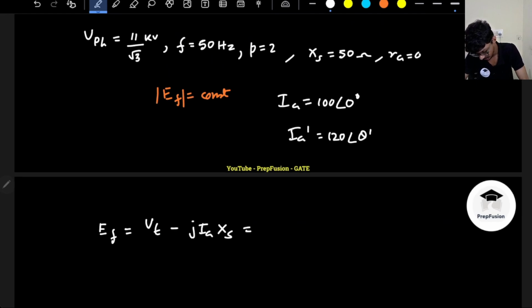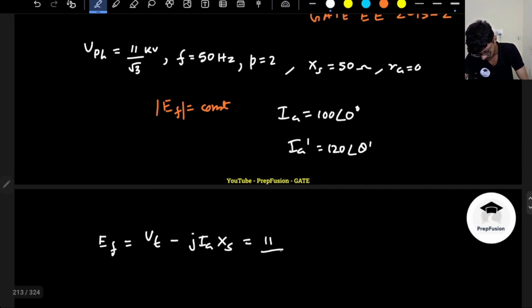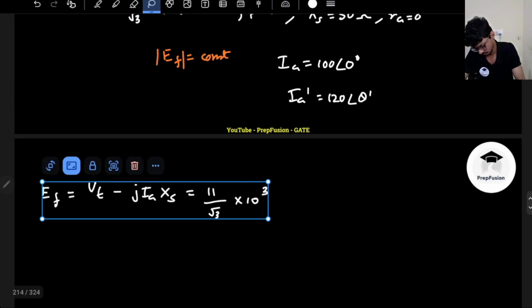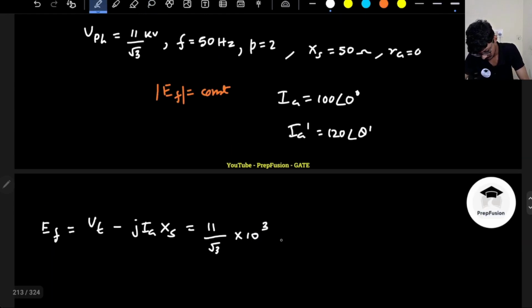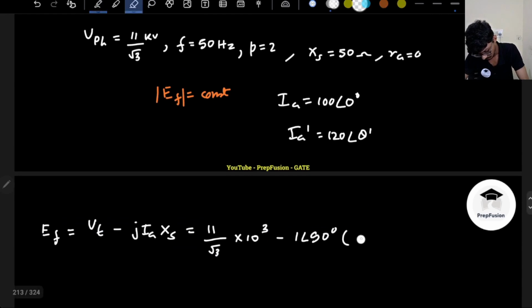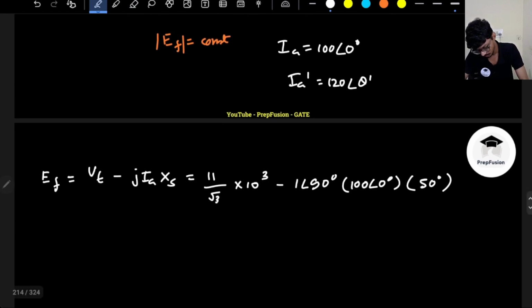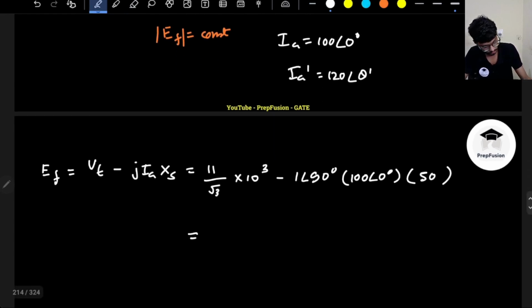VT is 11 by root 3 into 10 cube, minus 1 angle 90 into IA, 100 angle 0, into XS, which is 50 ohms.